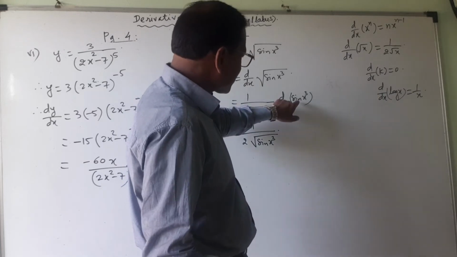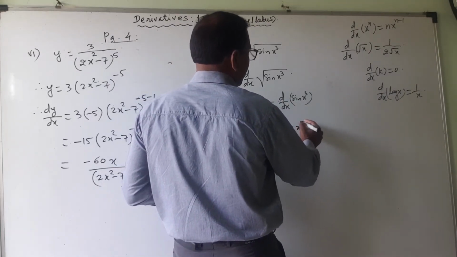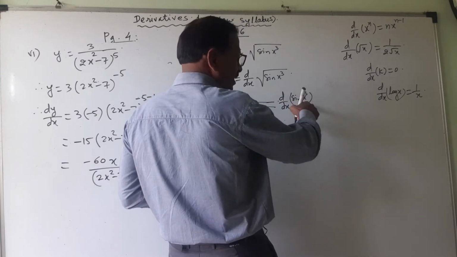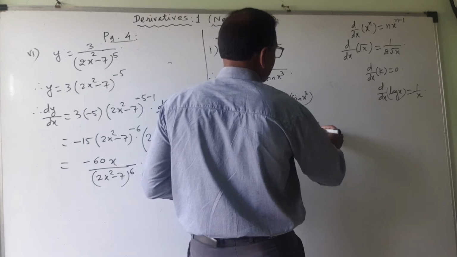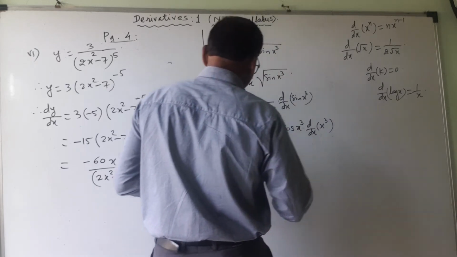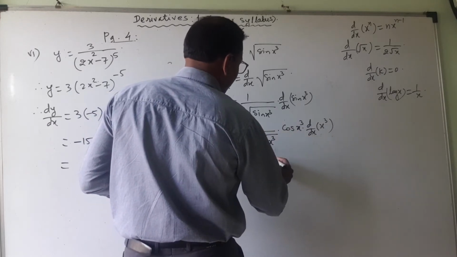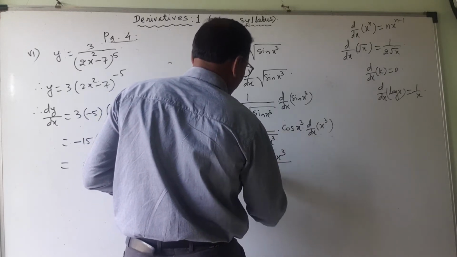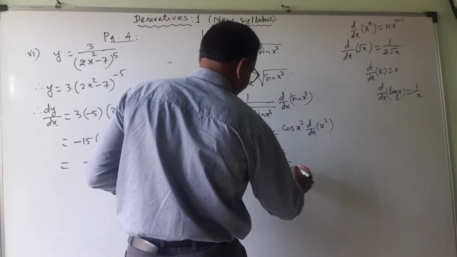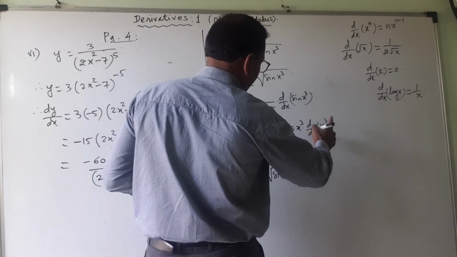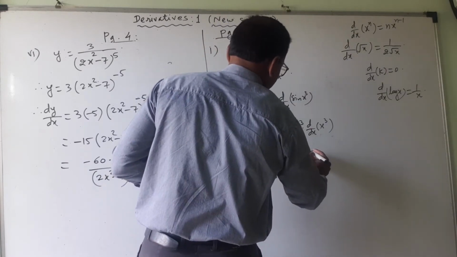Now derivative of sine is cos. Cos of angle is x cube. Now angle is not x. So take once again the derivative of d by dx of x cube. That is equal to cos of x cube upon 2 root of sine of x cube into the derivative of this, which will be by this formula 3x square.